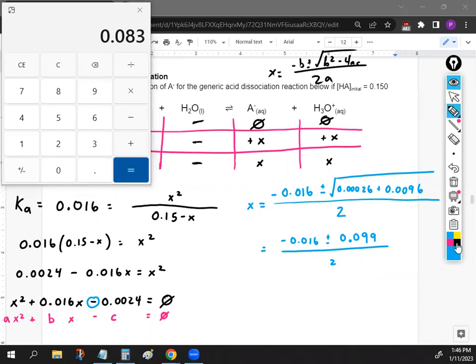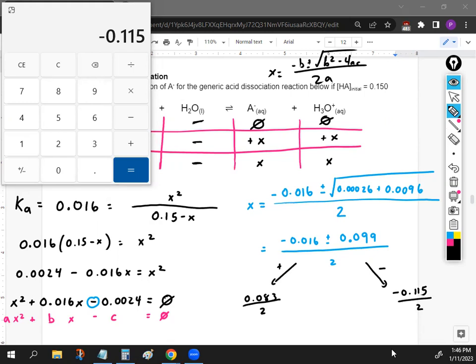If we go this direction and add it together, it's going to be 0.083 divided by 2. And if we go the subtraction route, we're going to have negative 0.016 minus 0.099. And that's going to give us negative 0.115 divided by 2.